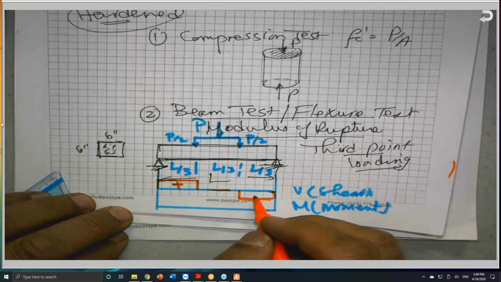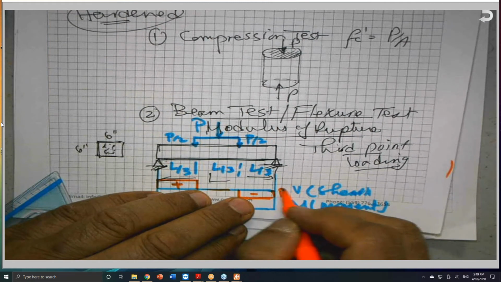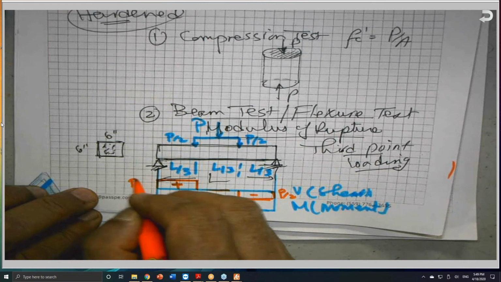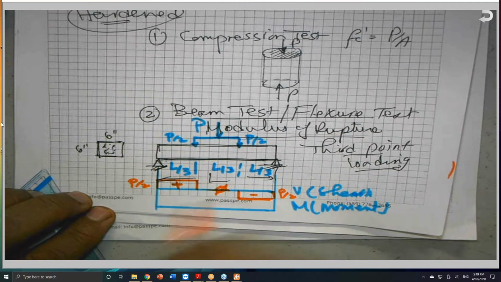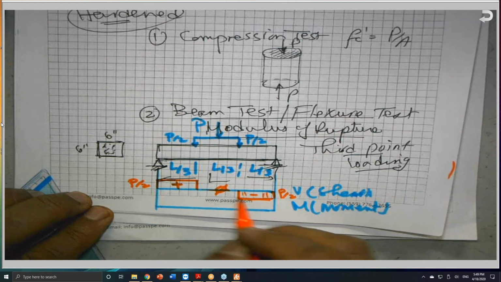So this is negative shear. This is for the shear. The shear force is 0 in the middle third.